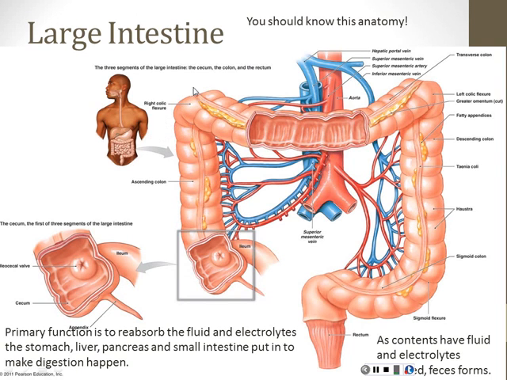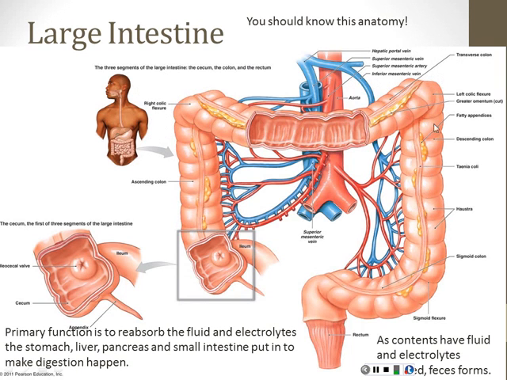All right. So then we go across, and then that transverse colon now goes down, and where it makes the bend, this is the left colic flexure, also called the splenic flexure, because the spleen sits right about here. So we have a liver flexure and a spleen flexure, so right colic and left colic flexures.